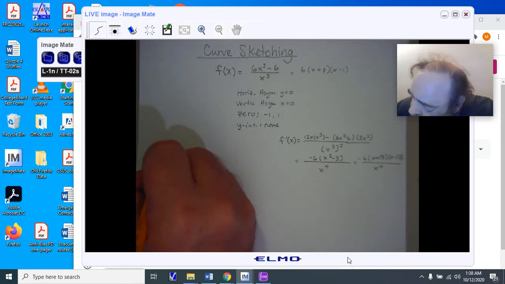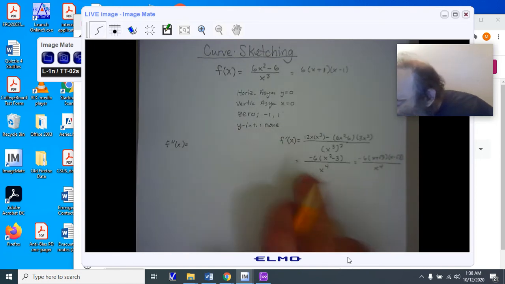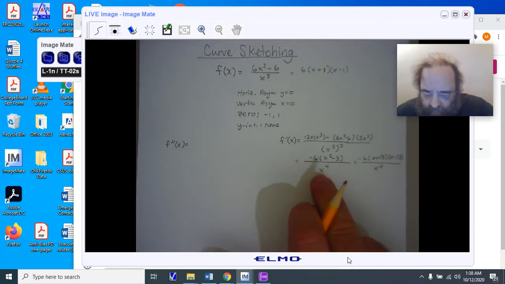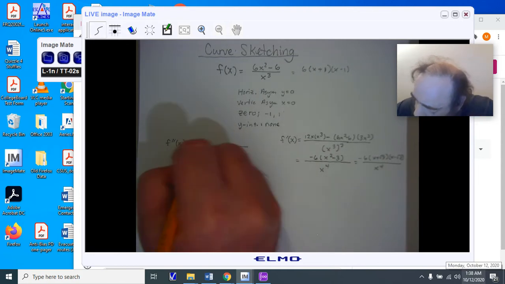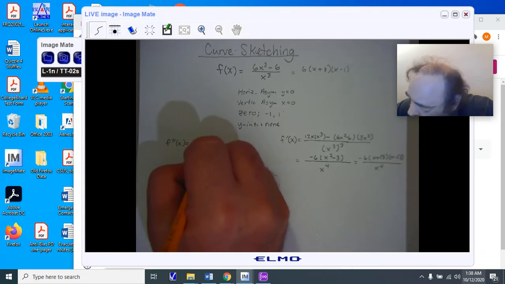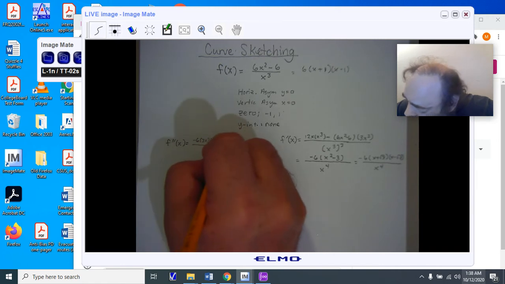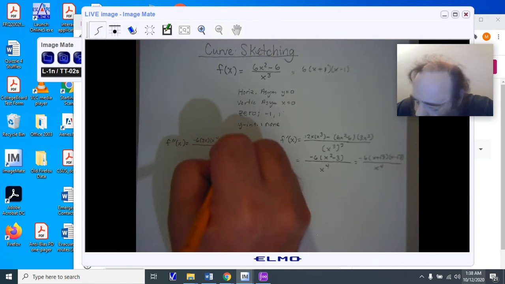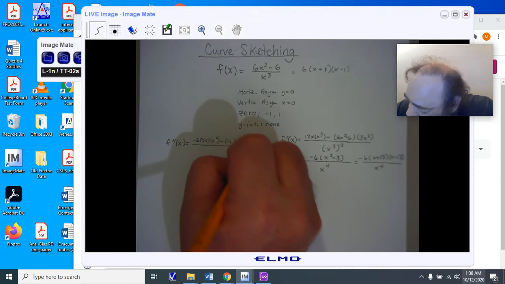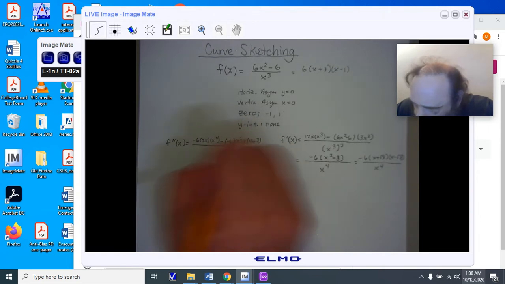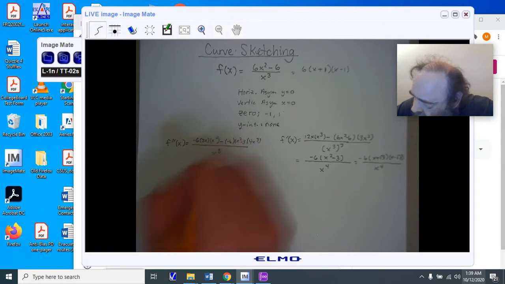Our second derivative we can now work with. And we're going to work with this piece right here for our second derivative. And I end up with a -6 times 2x times x to the 4th minus -6 times x squared minus 3 times 4x cubed. This is over x to the 8th.